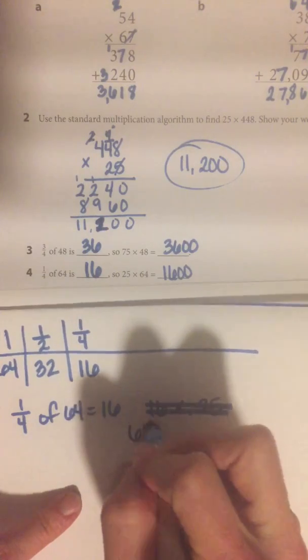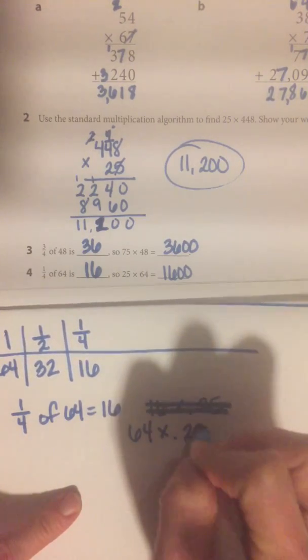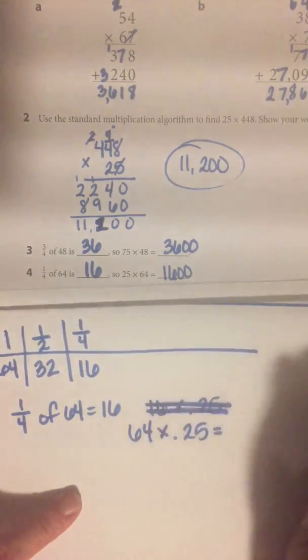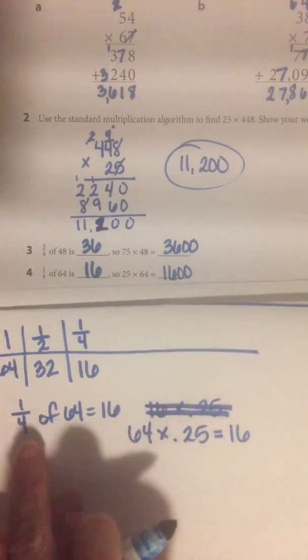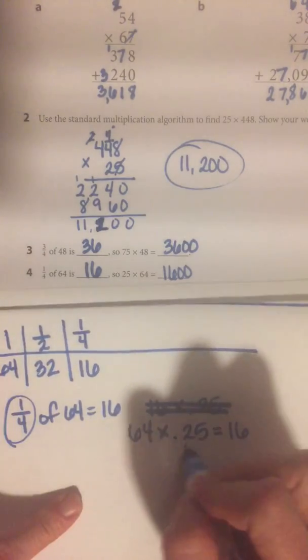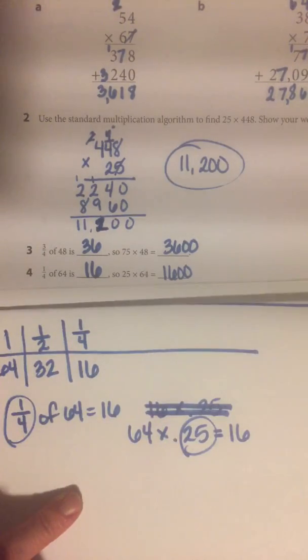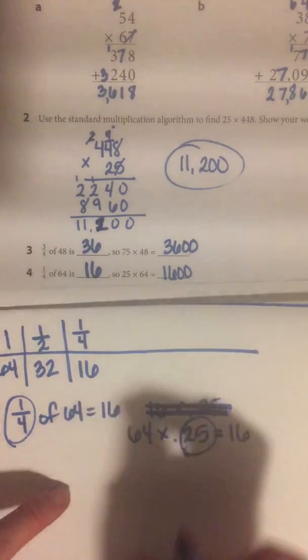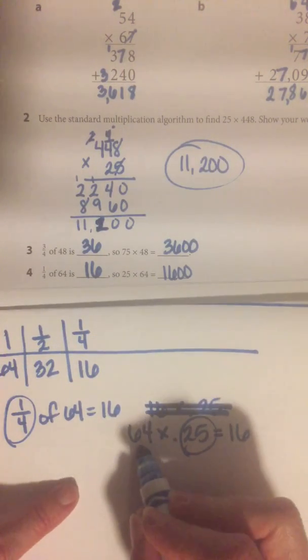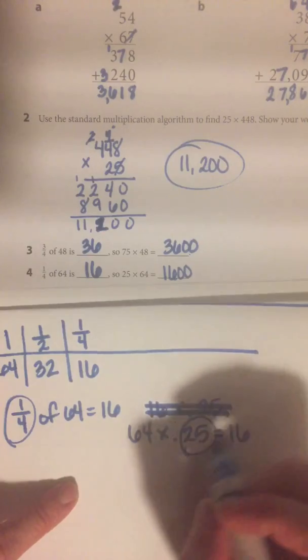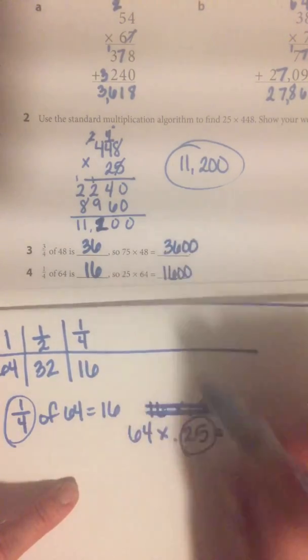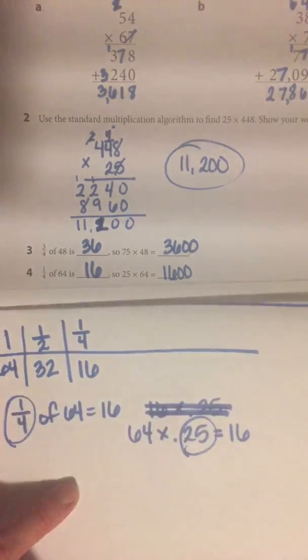Same thing as 64 times 0.25 equals 16, because 1/4 and 0.25 are the same amount. Okay, so now, as we did before, 64 times 0.25 equals 16. But we need 25, not 0.25.